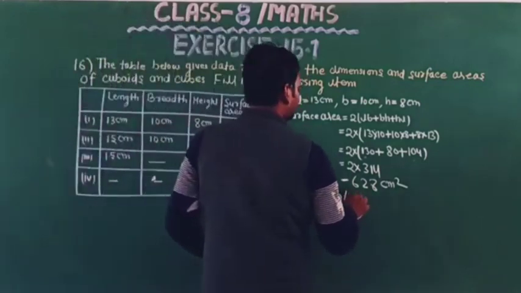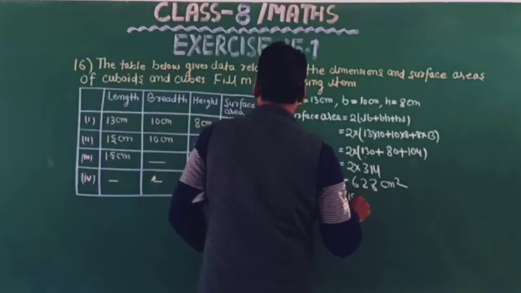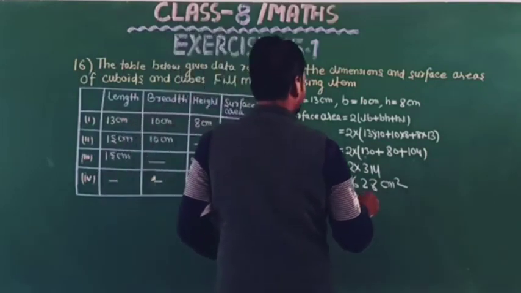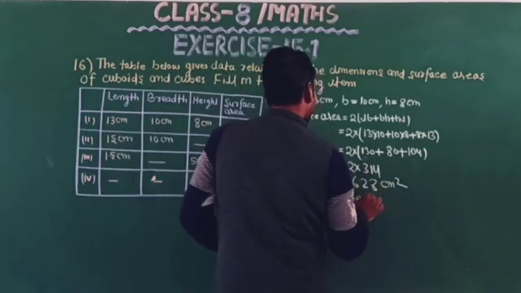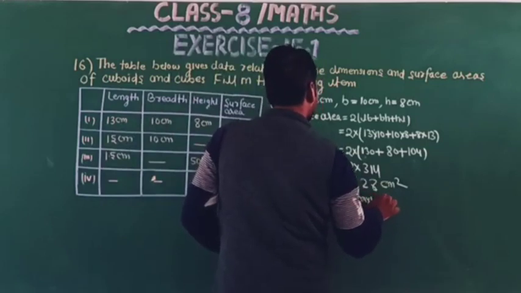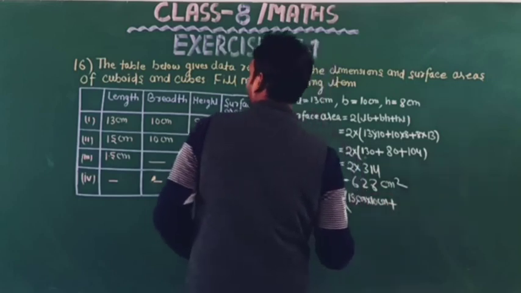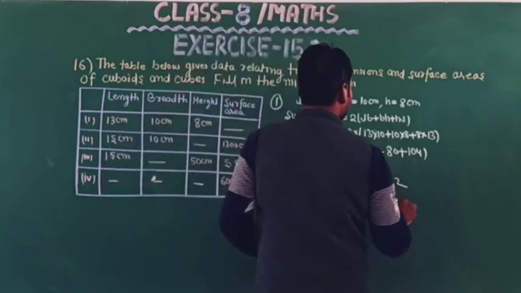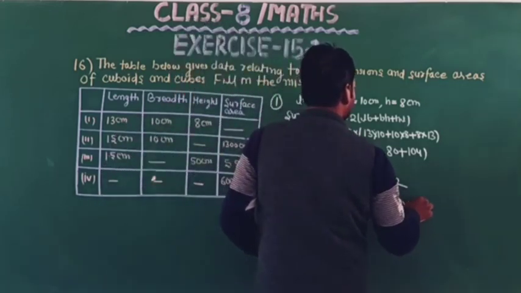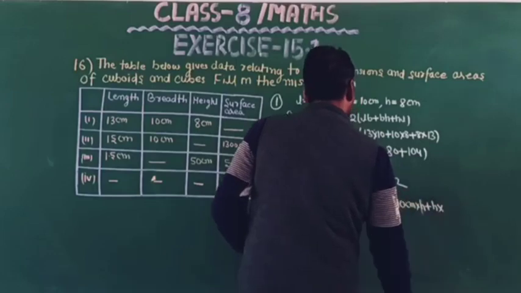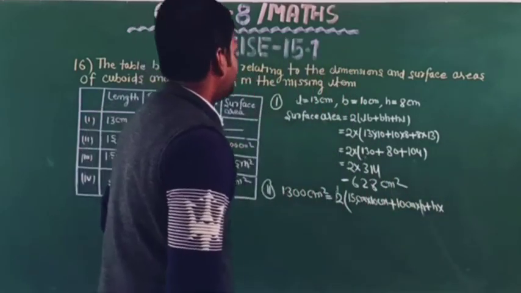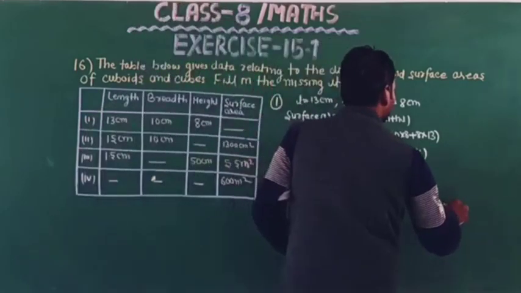So LB is given, this is 15 centimeter into 10 centimeter, plus 10 centimeter into H, plus H into length, that is 15 centimeter.